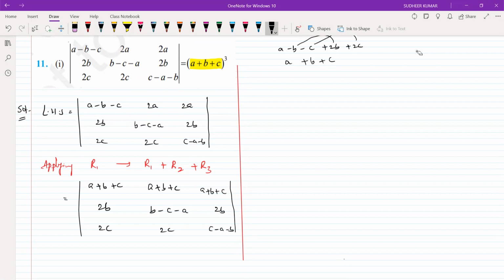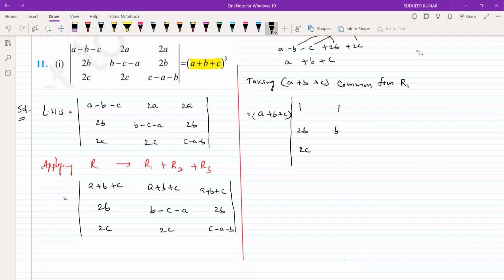Next, what can we do? Taking A plus B plus C common from R1. Then we get A plus B plus C times of 1, 2B, 2C.